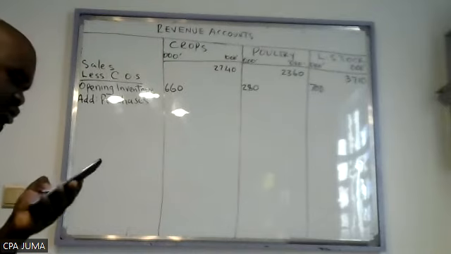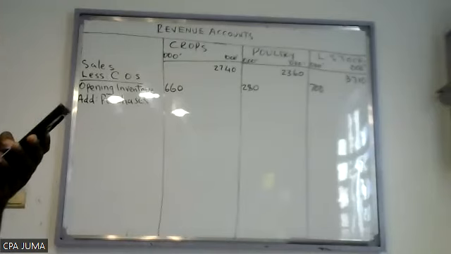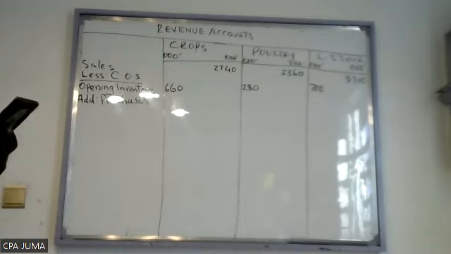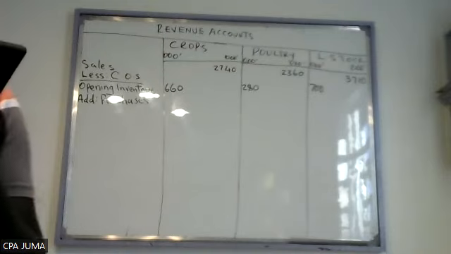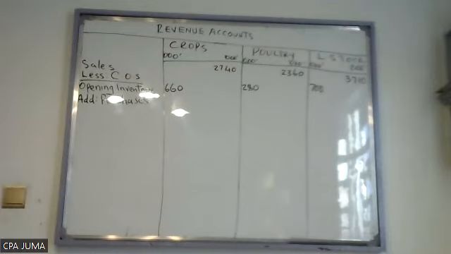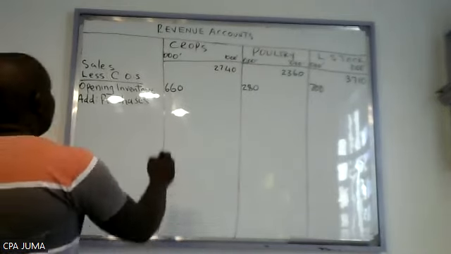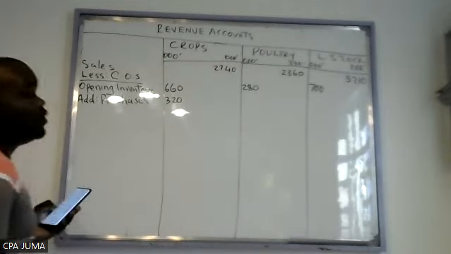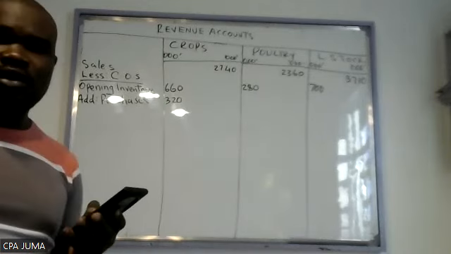For crops, start with the last one. Seeds 100, fertilizers 220, 220 plus 100. That gives us 320. I hope we are there. This is 320. Then we go to poultry.